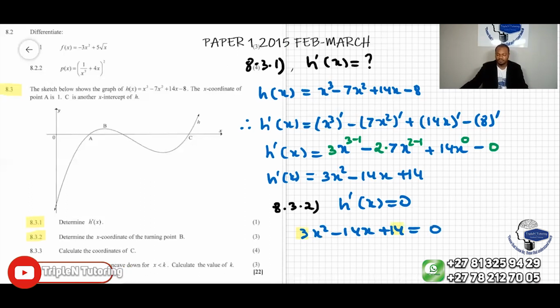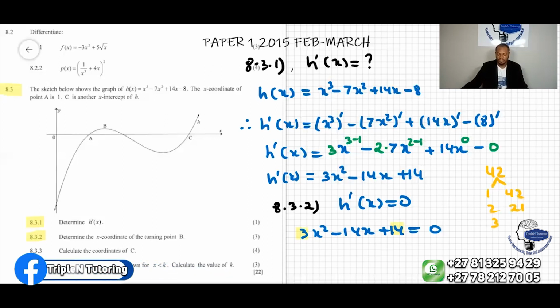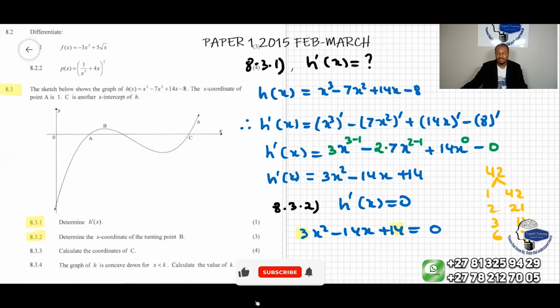Right here, 42. Now, let's list the factors of 42. They are 1 and 42, 2 and 21, 3 and 14, 6 and 7, and that's all.